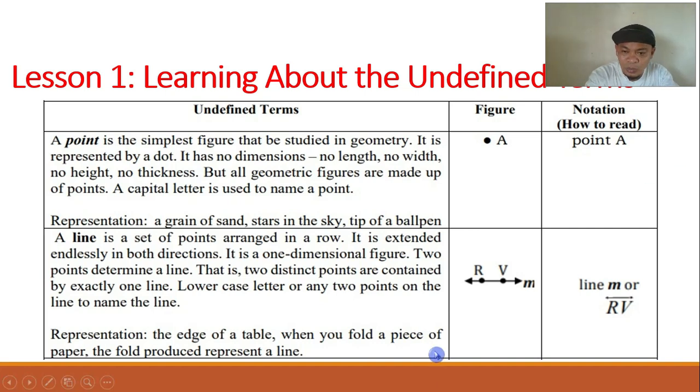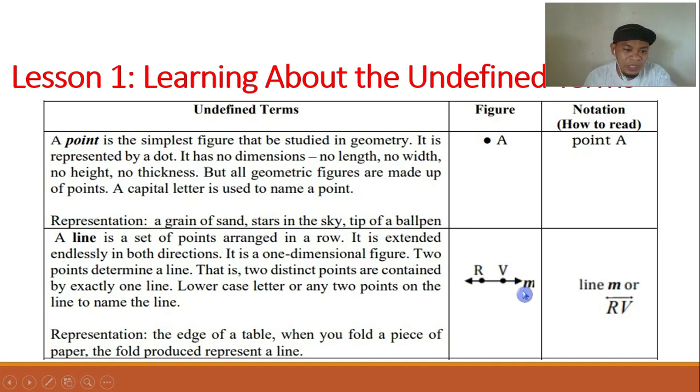So let's say we have here point R and point V. Di ba? So we name this line as line RV. To read this one, look at our notation column. Line m, if we use the lowercase letter, or line RV, kung meron po tayong dalawang distinct points.